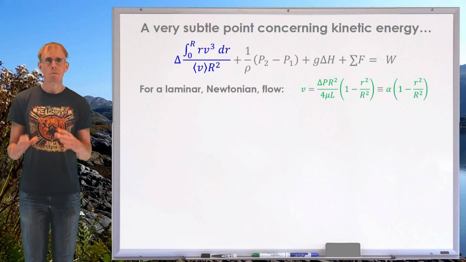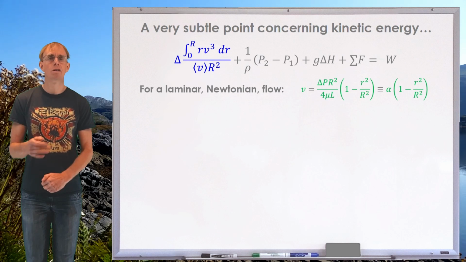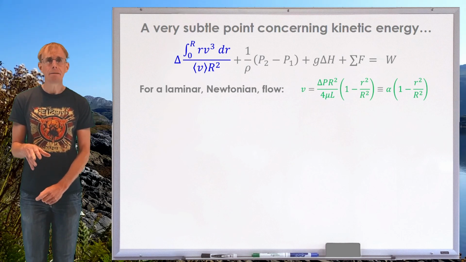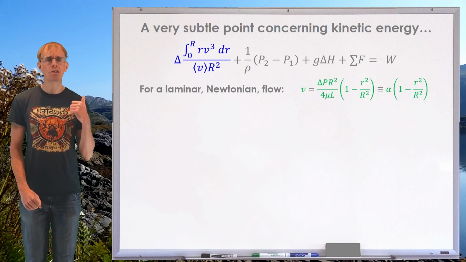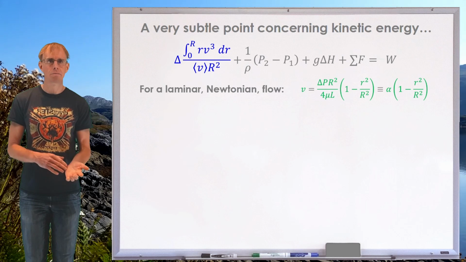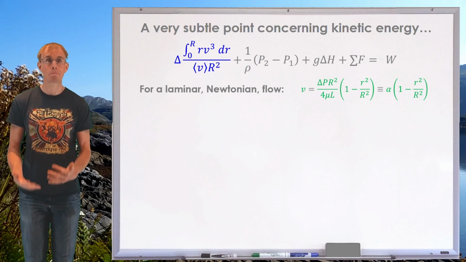That's a bit of a mouthful to keep writing on the board, so I'm going to abbreviate this as alpha times 1 minus r squared over R squared. And alpha has a physical meaning here, because when little r is 0, our velocity equals alpha. When r equals 0 on the centre line, which is where our maximum velocity is, alpha in this expression is just our maximum velocity, okay?